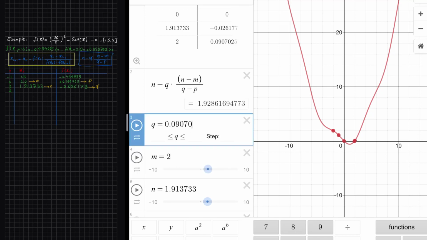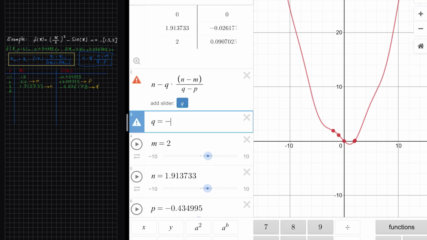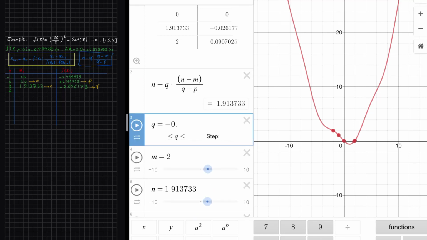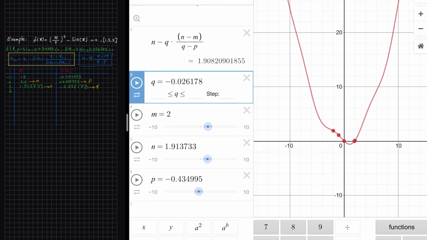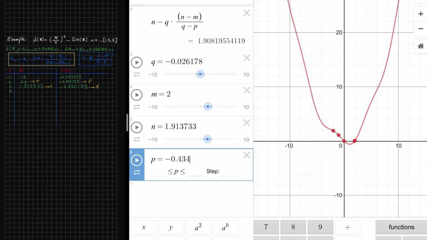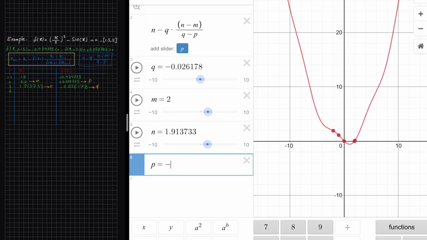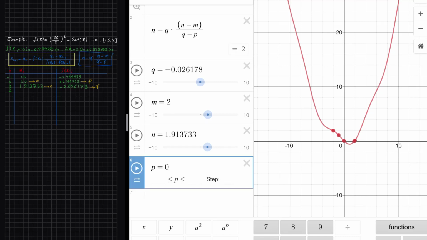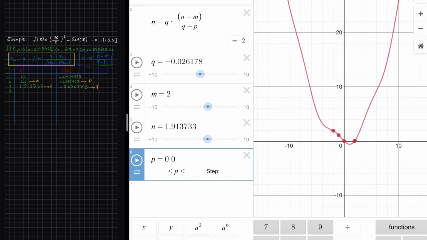New q is minus 0.026178, and new p is our old q, which is 0.090703.